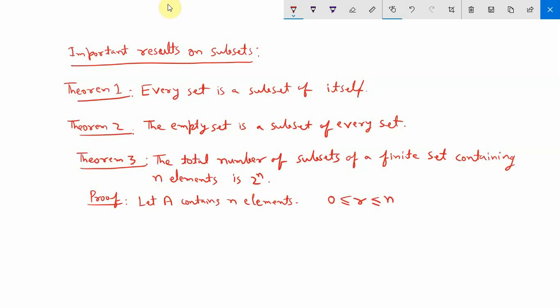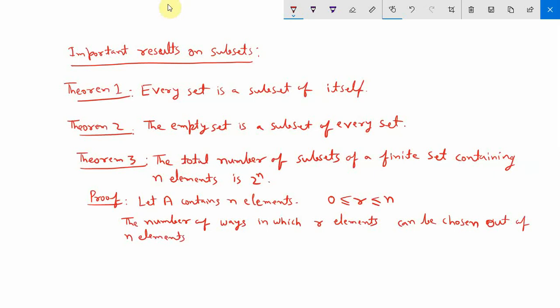So the number of ways in which R elements can be chosen out of n elements is nCr.